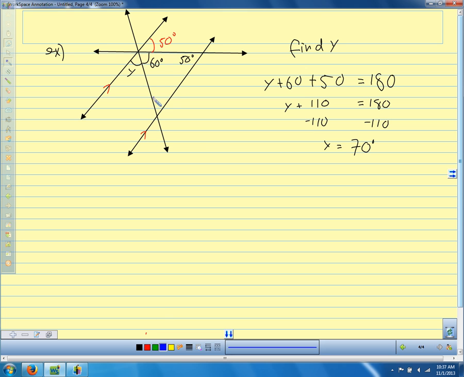So all three of these angles have to add up to 180. So this is 50 plus 60 is 110. They all add up to 180. So what does that make this angle? That makes that 70 degrees. And what kind of angle are these two? For this transversal, those are also alternate interior angles. So we could figure it out that way as well. So that's two ways that I thought of figuring it out.